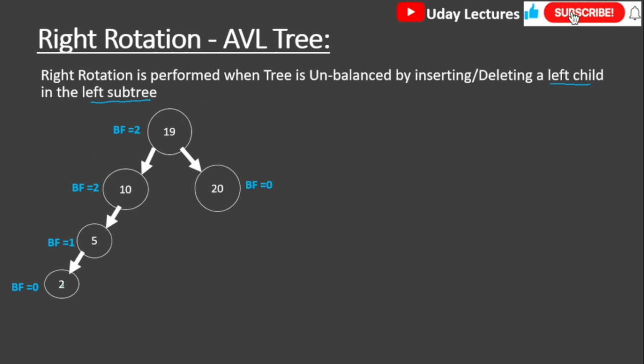So here in this example, let us say I have inserted 2. So 2 is inserted as left child to the left subtree of 10. Since we have inserted a left child to the left subtree, the balance factor of this node became unbalanced, or not in the range of -1 to +1.